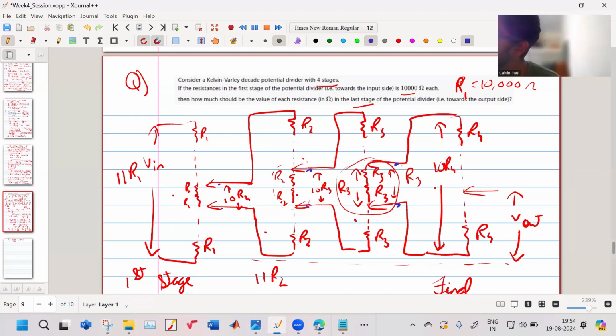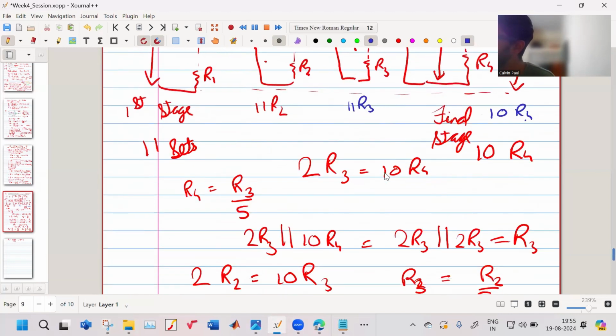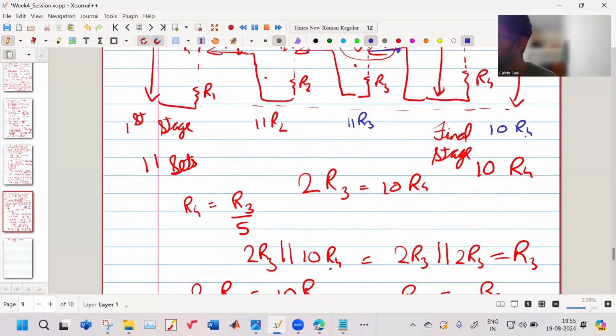In the final stage, there are 10 R4s, and here there are 11 R3s. Okay. So what he has decided is 10 R4 should be equal to 2 R3. So at this point, it is 10 R4 parallel to 2 R3.